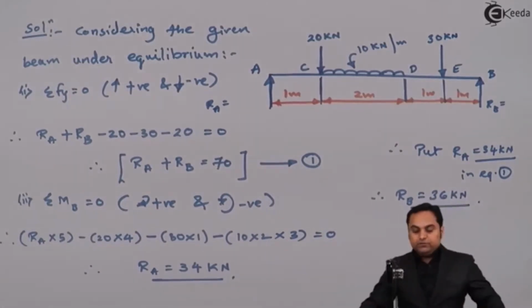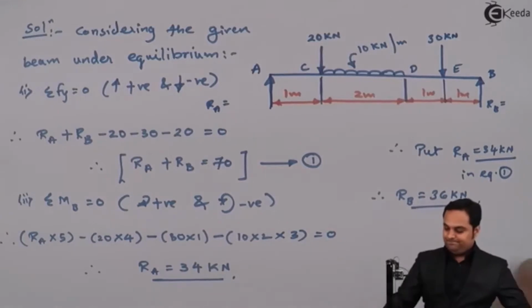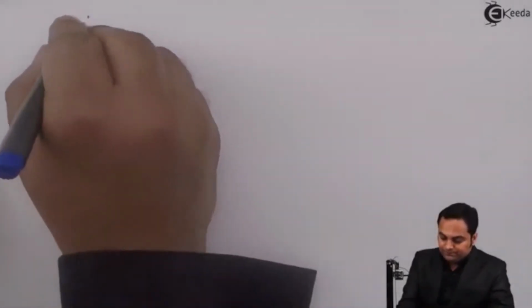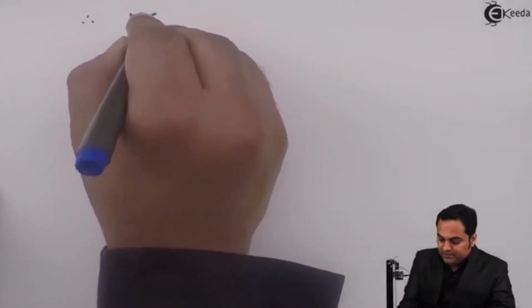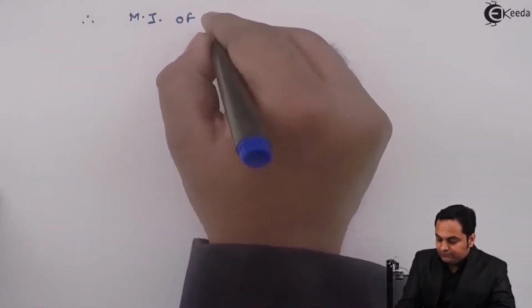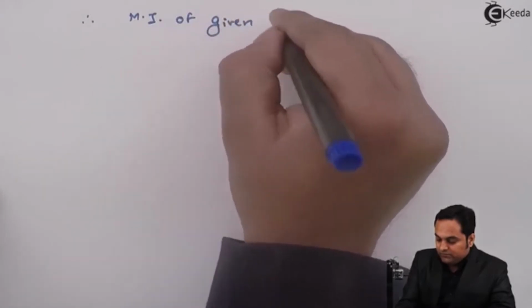Now, after getting the support reactions, in this problem they have given us the diameter of the beam. So from that, I'll calculate the moment of inertia. Therefore, the next step is MI of the given beam.